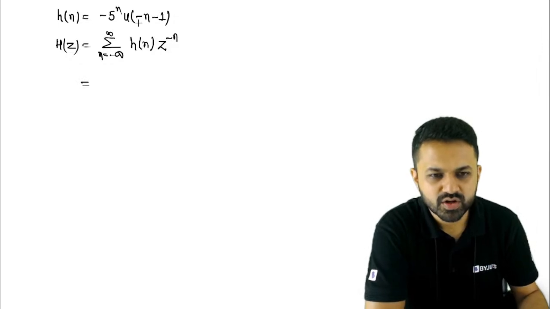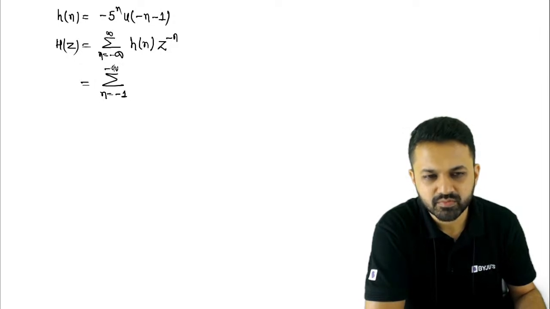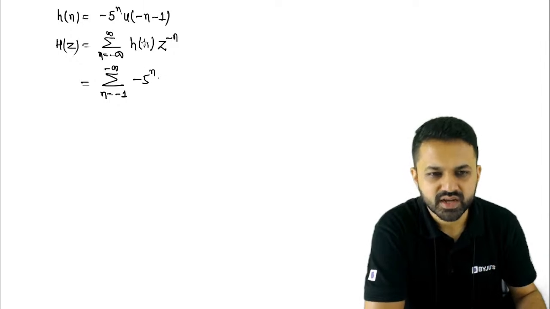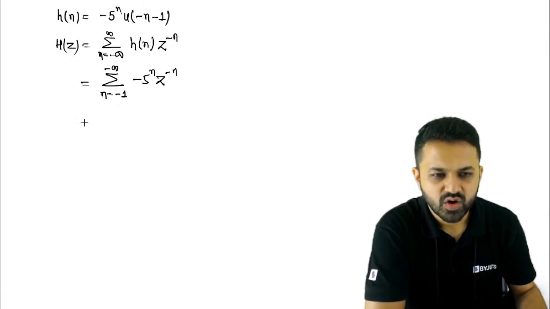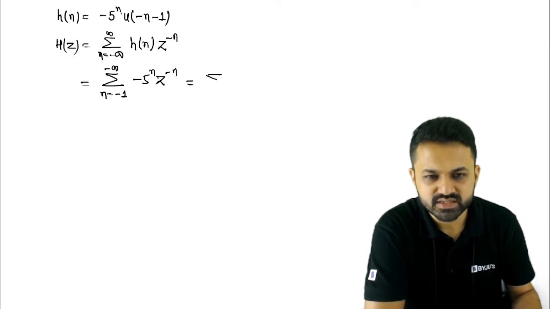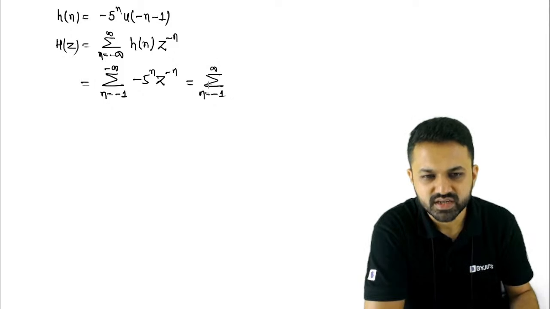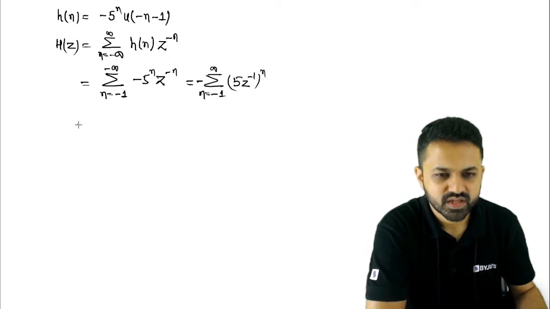Because it is u of minus n minus 1, the sum will go from n equal to minus 1 to minus infinity of minus 5 to the power n, and z to the power minus n. Or you can write it as summation n equal to minus 1 to minus infinity, minus sign outside, of 5 z inverse to the power n.